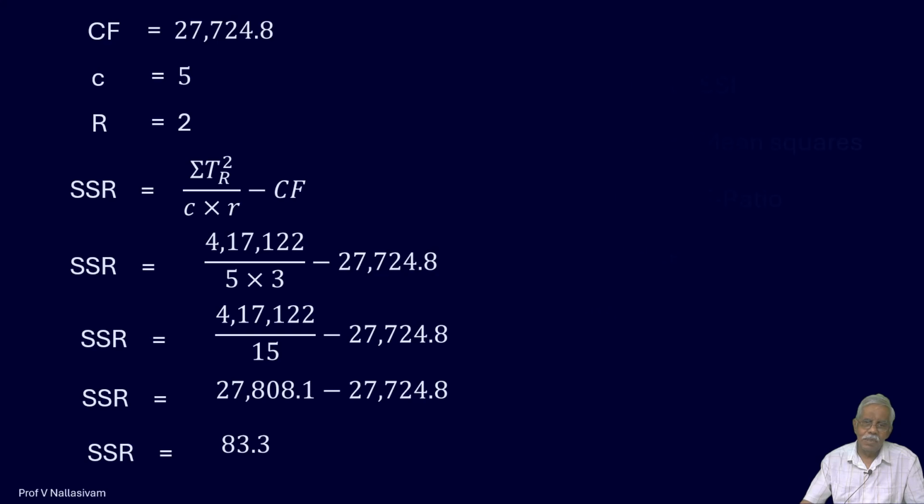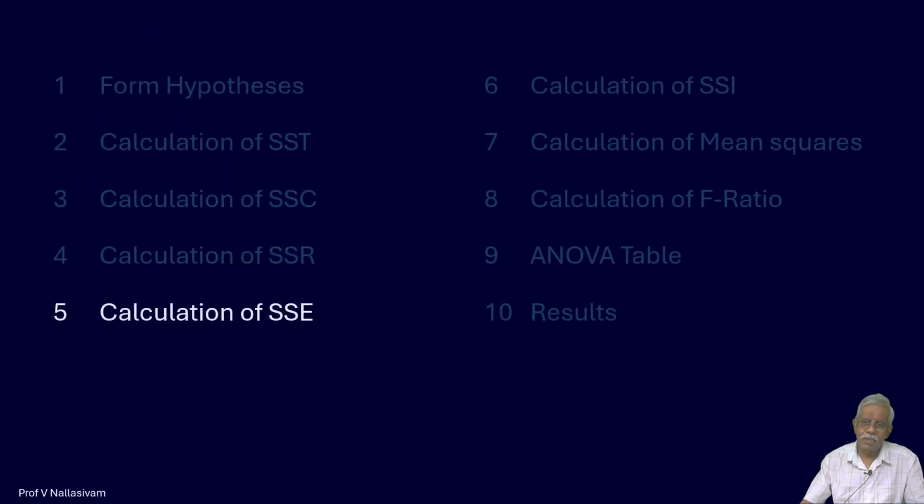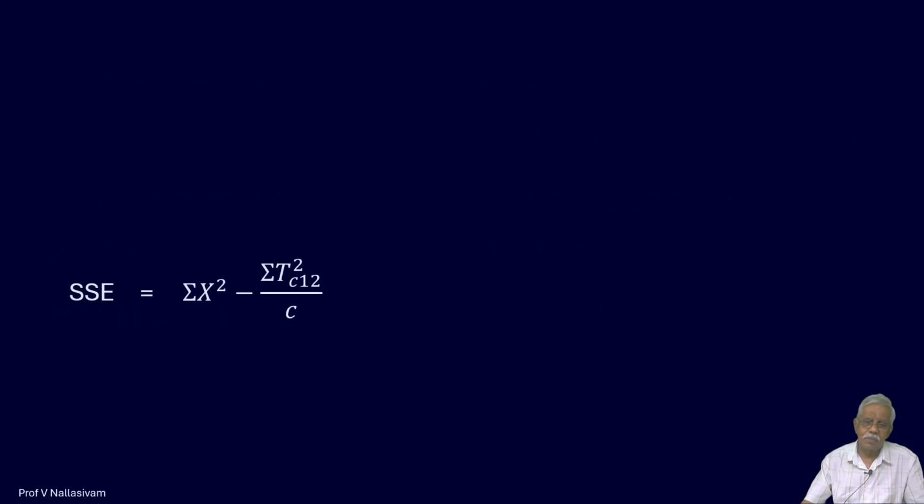Then it is time to estimate the sum of squares of error, that is SSE. To find SSE, use the formula SSE equal to sigma x square minus sigma T C1 C2 square divided by small c. We have the value of sigma x square, it is 28,942.